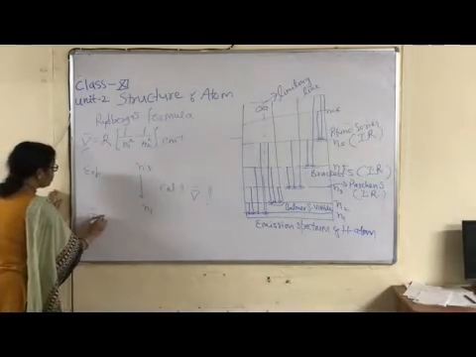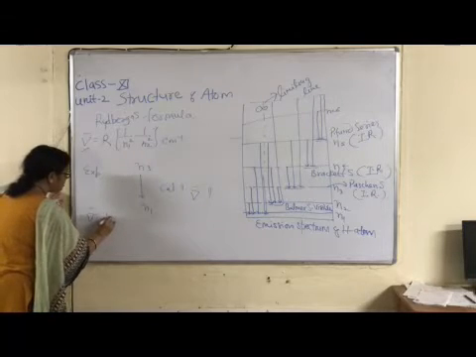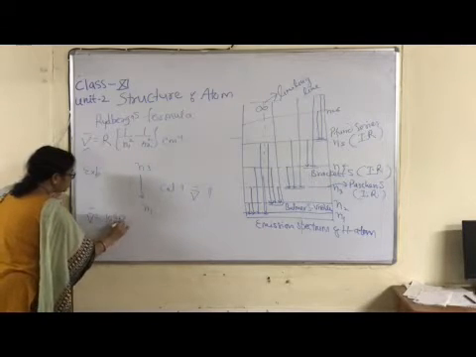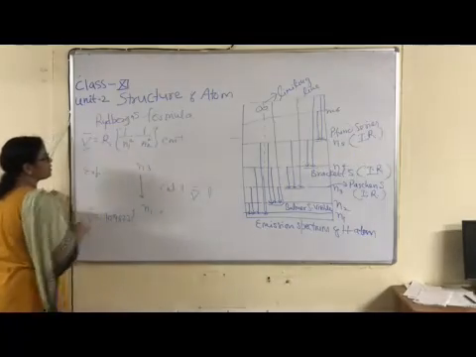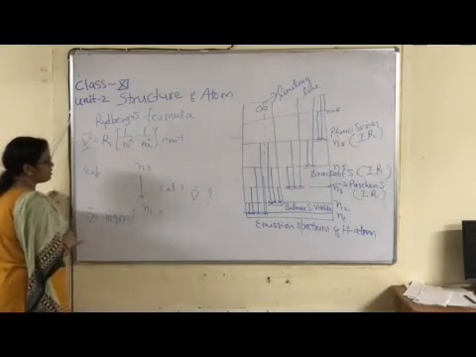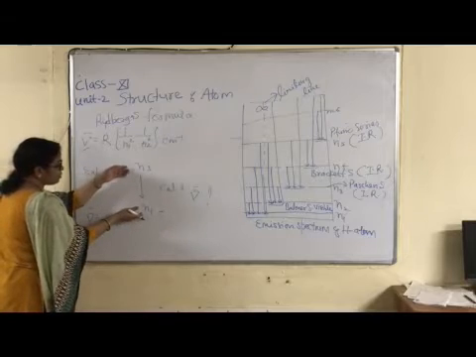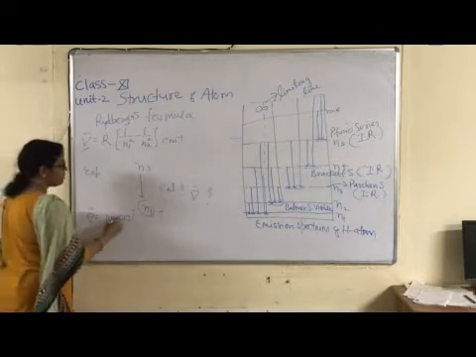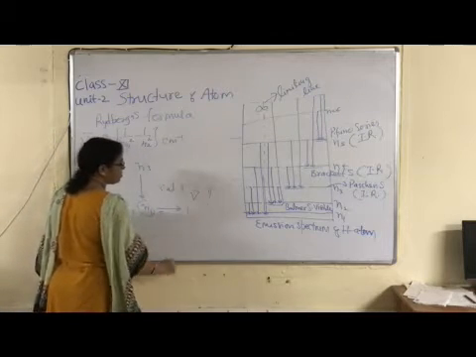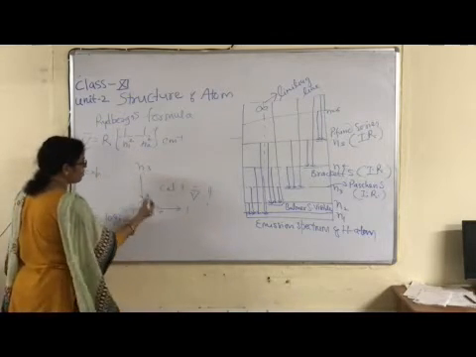Nu bar is equal to, and Rydberg constant is 109,677. Right? Here N1 denotes lower energy level, N2 higher energy level. So according to this problem, lower energy level is N1. Right? And what is its value? 1. First value is starting from 1.